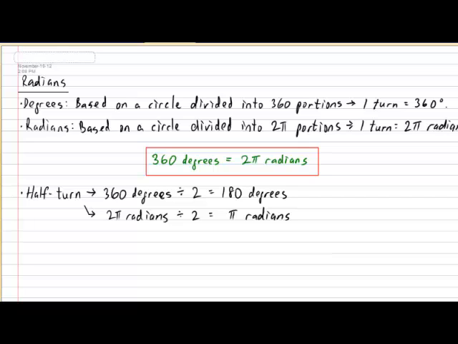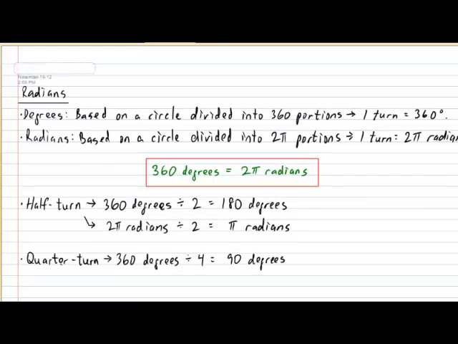Next, let's take a look at another very common equivalency. This one involves a quarter turn around the circle. It's very common knowledge that a quarter turn around a circle is equivalent to 90 degrees, which comes from doing the full turn, 360, divided by 4.